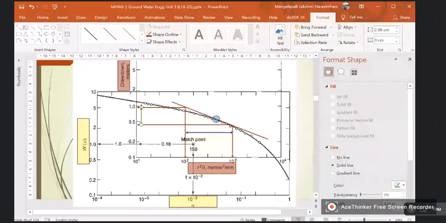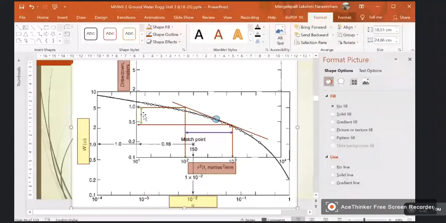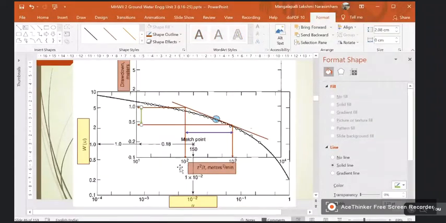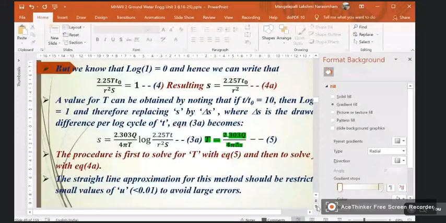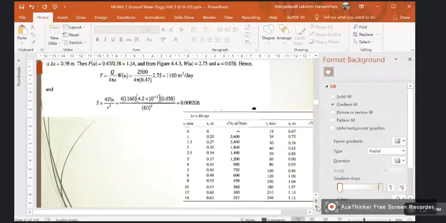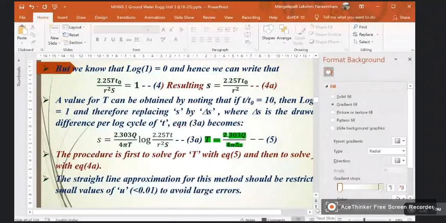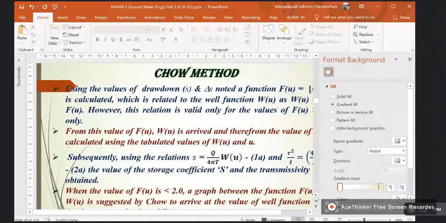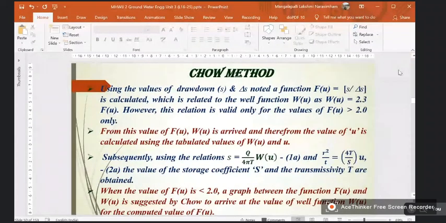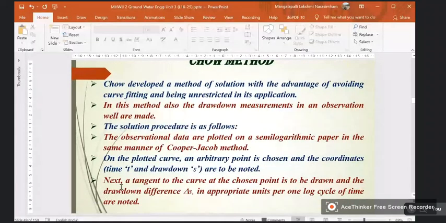This is delta S, and this is T by T naught will be 1. So this is what we had done.